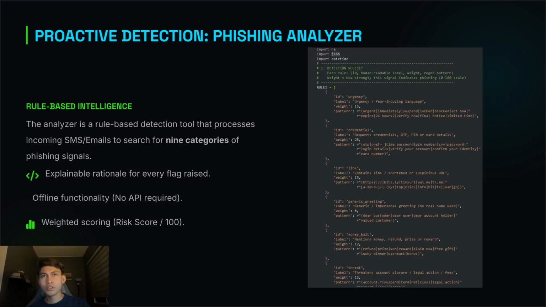Moving on to part 2 of our study, let's talk about building a proactive defense solution. I have designed and implemented a specialized prototype tool called Phishing and Malware Analyzer. This tool operates as an offline rule-based intelligence engine designed to intercept incoming text bodies or emails and parse them thoroughly before they can influence a human user.